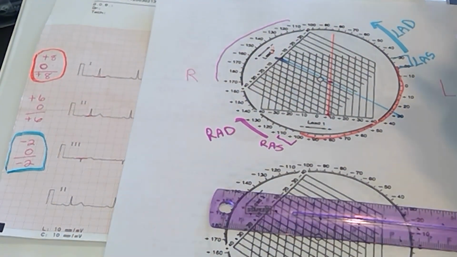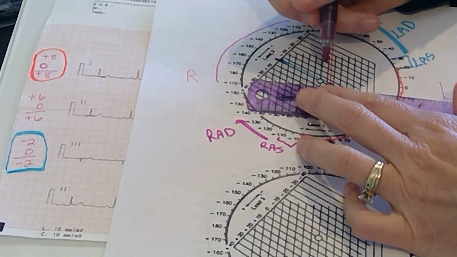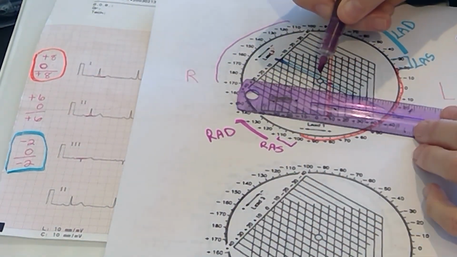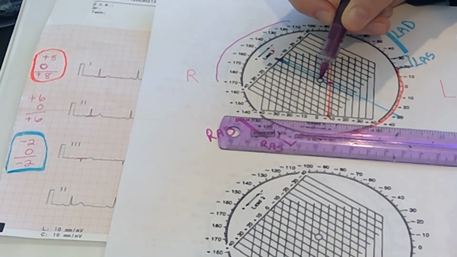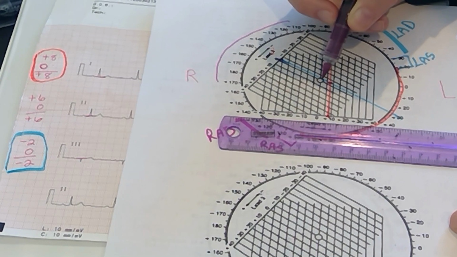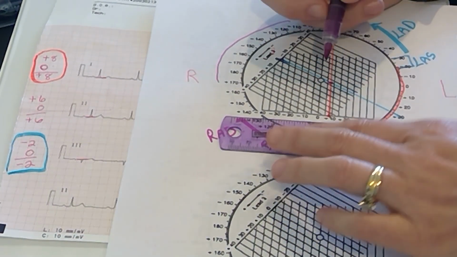Now you take your ruler, put your pen in the very center circle here, and the idea is you're going to draw a line from the center circle through your connecting dot for the 2 leads and straight out of the circle.